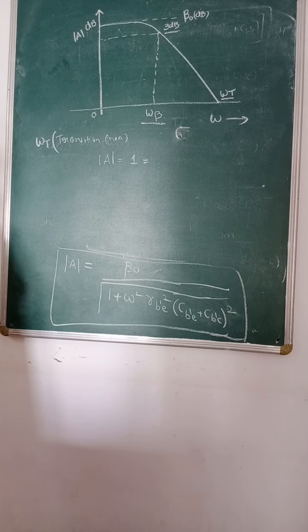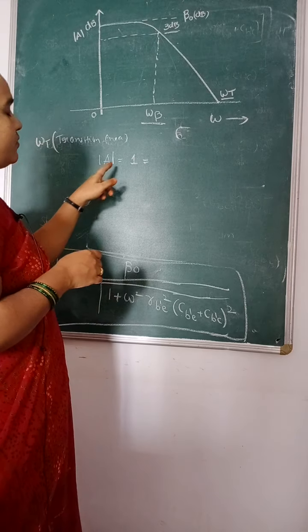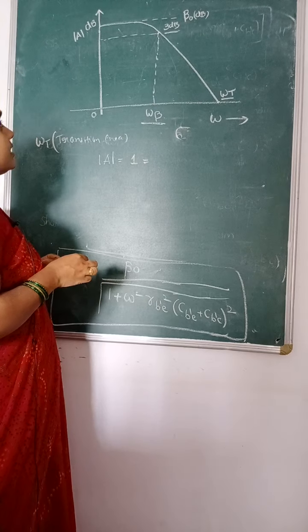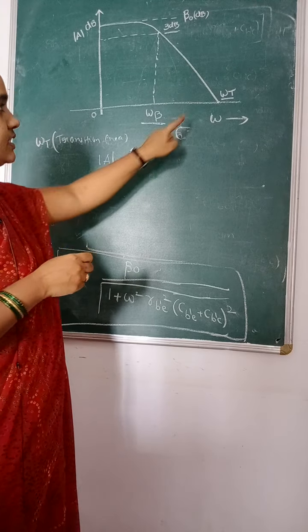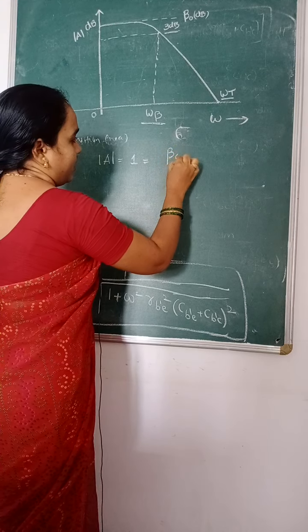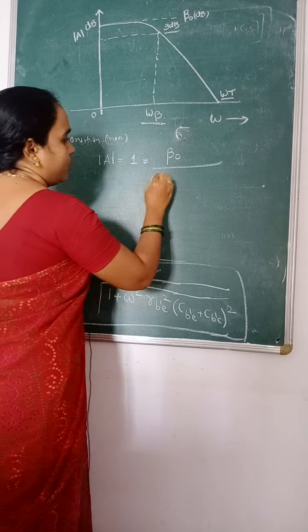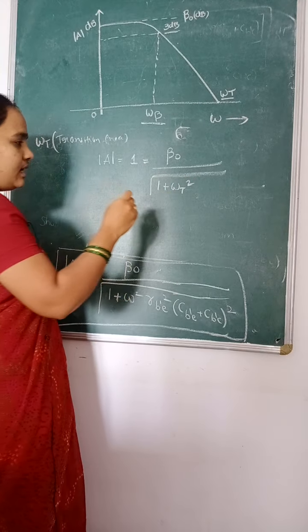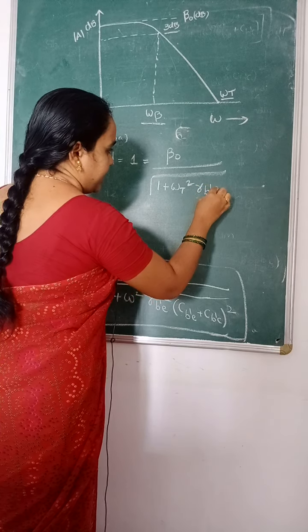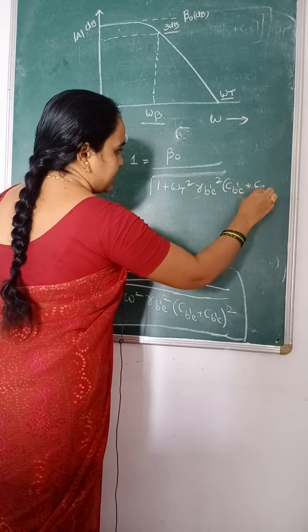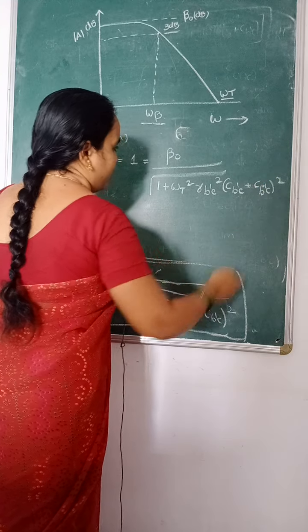The transition frequency at which the gain magnitude is equal to 1 or equal to 0 decibels is indicated with omega T, equal to beta naught divided by root of 1 plus omega T square r_b'e square (C_b'e plus C_b'c) whole square.